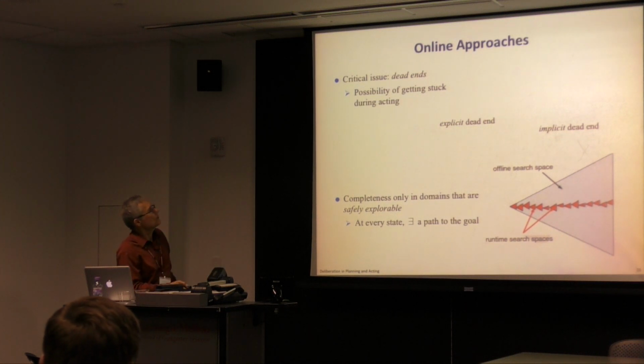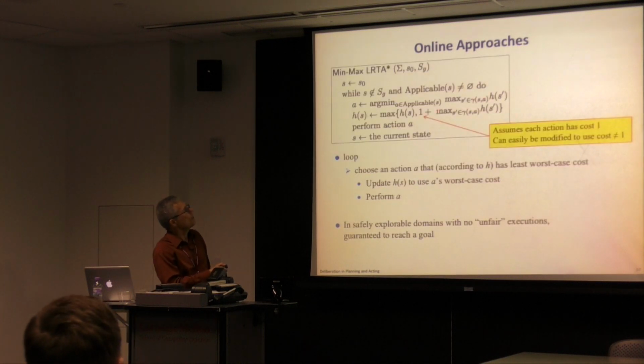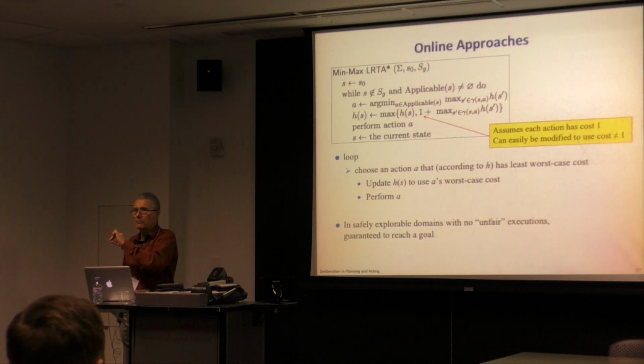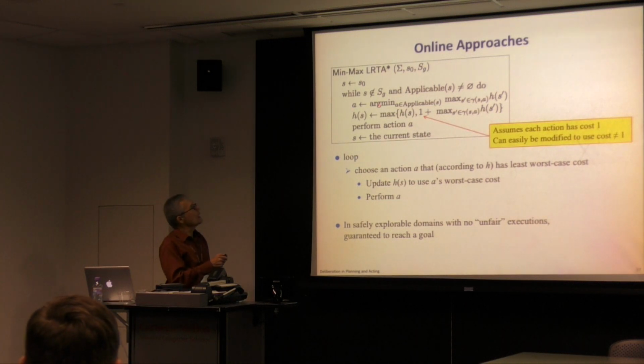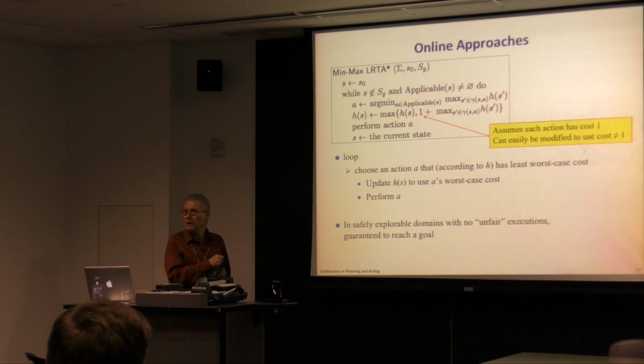You do that for each of your applicable actions, and then you take whichever one of those actions had the best worst case heuristic value. And now you update your heuristic function at state S to say that our heuristic value for S is going to be 1 plus whatever you computed up here.